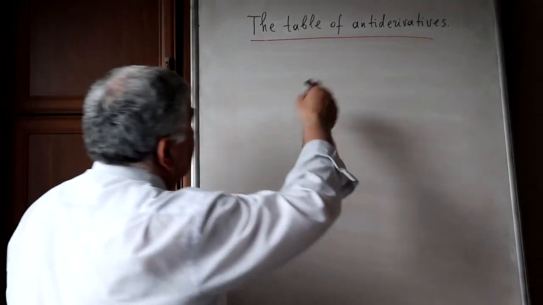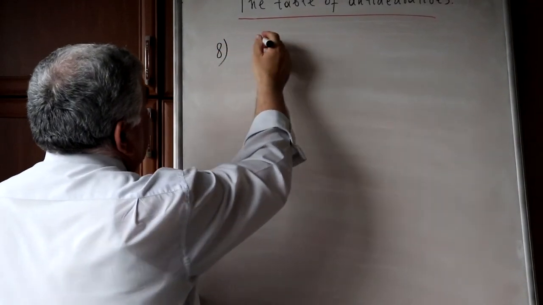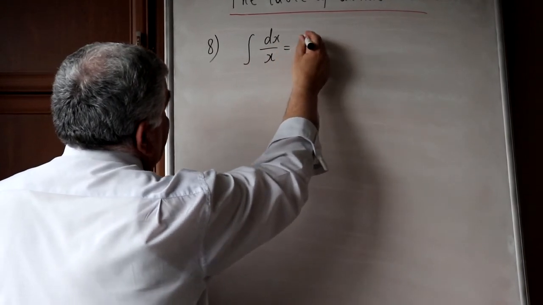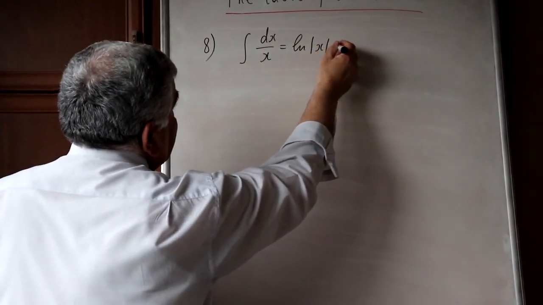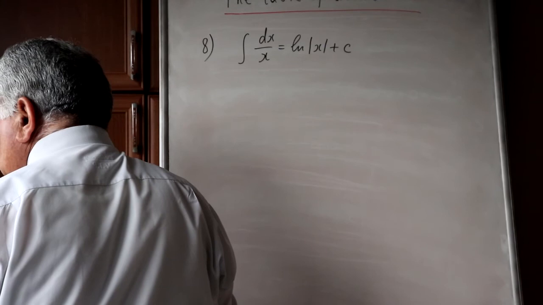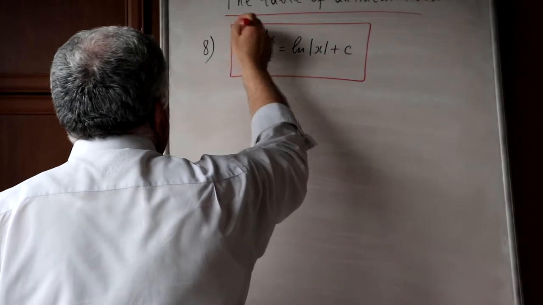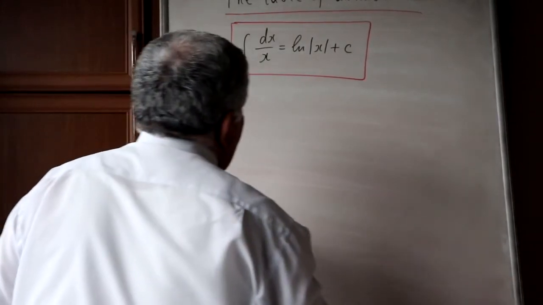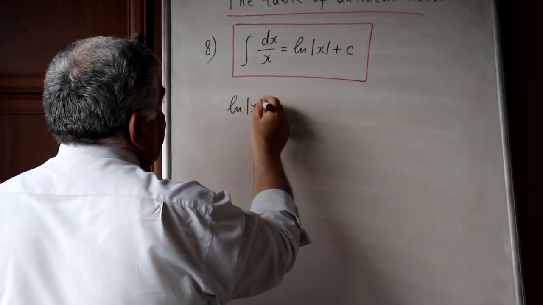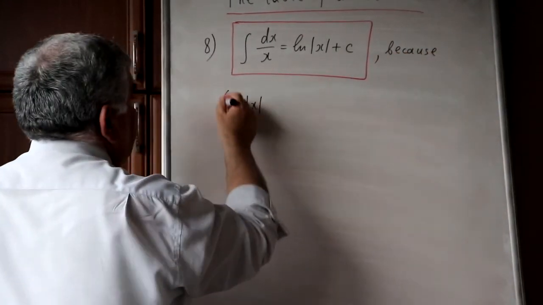Then continue, write the table of antiderivatives, eighth point, integral dx over x is natural logarithm of modulus of x plus c. Why modulus x? Now I will prove it for you. Find the derivative of natural logarithm of modulus x.